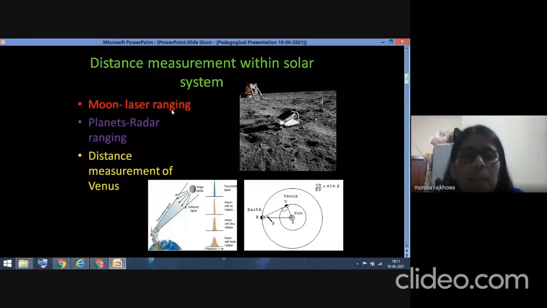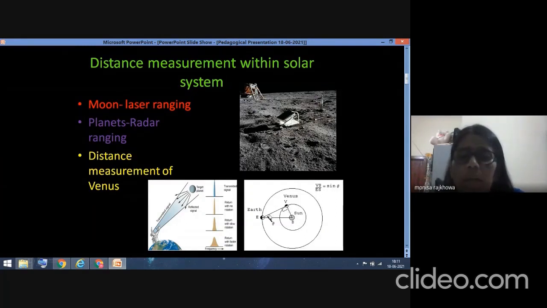Then the next distance measurement involves radar ranging, which is also a very accurate method for measurement of the distance of the planets inside the solar system. This gives an example of how the distance of Venus from Earth can be measured using the radar technique.